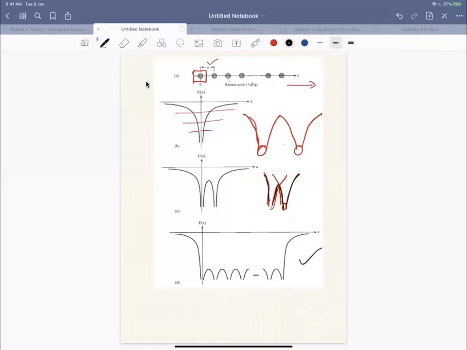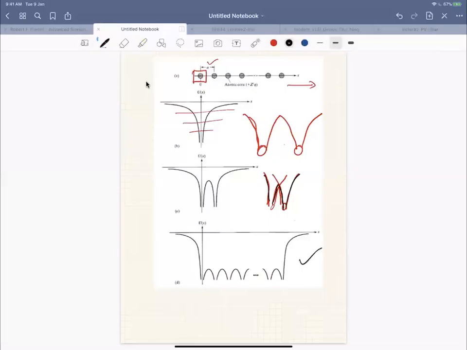Then you put this U(x) in your Schrodinger equation and solve for E, the total energy. But this will be very complex.